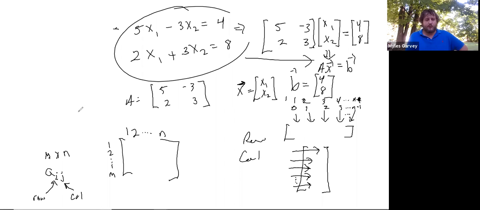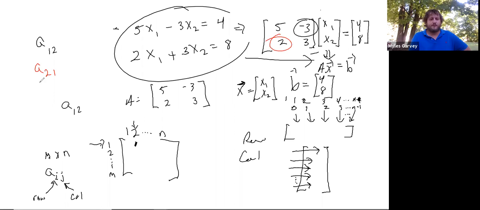So A12 would refer to the first row and the second column. So that would be whatever element is here. For example, in our matrix notation here, A12 refers to this number. A21 refers to that number. A22 refers to this number. And of course, A11 refers to that number. First index is row, second index is column.